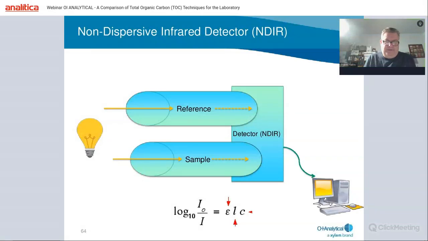Non-dispersive detectors utilize IR radiation to detect the presence of carbon dioxide. The IR beam is transferred through a chamber while the carbon dioxide in the carrier gas stream flows through it. Carbon dioxide measurement is a function of the absorption of IR in accordance with Beer's law as it travels through the flow cell.